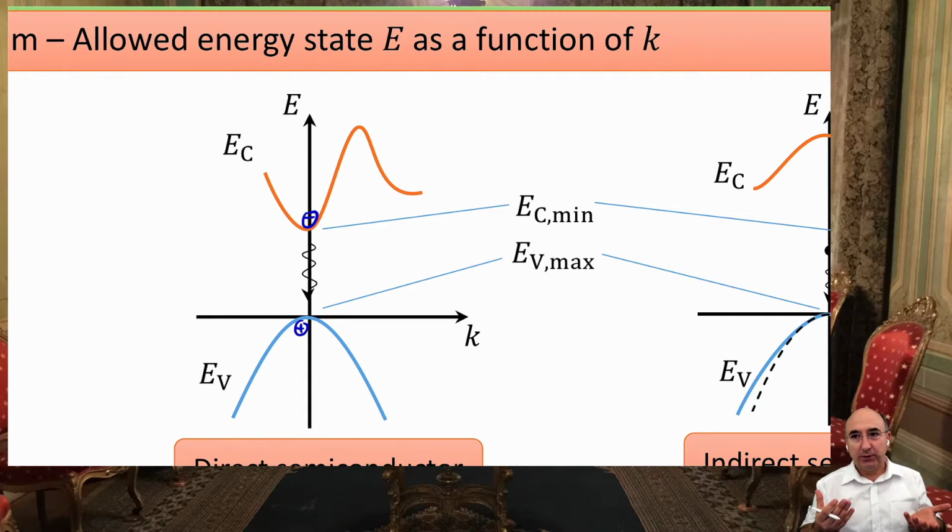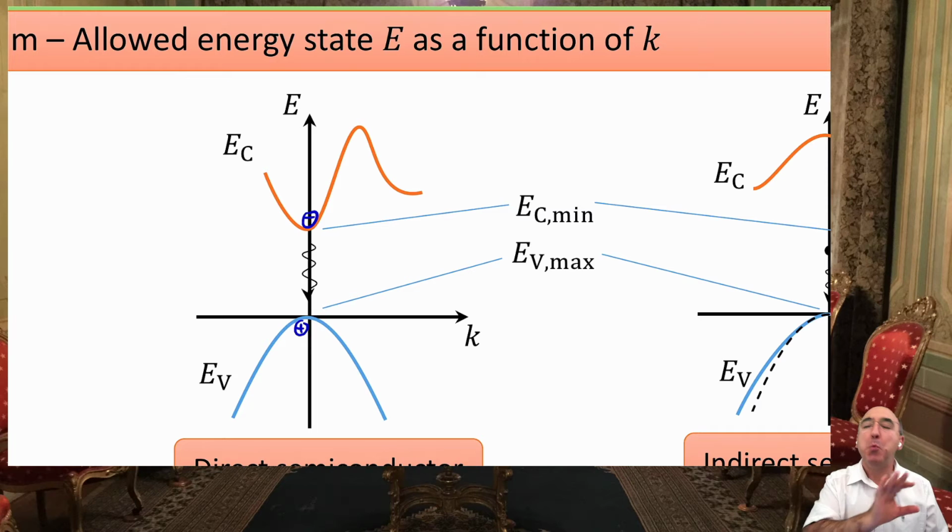Because my mobility is constant, I have a mass, I have a certain time between collisions, so I have a certain drift velocity. And this holds true also for the electrons. We will talk about the change of the mobility also, but not now.